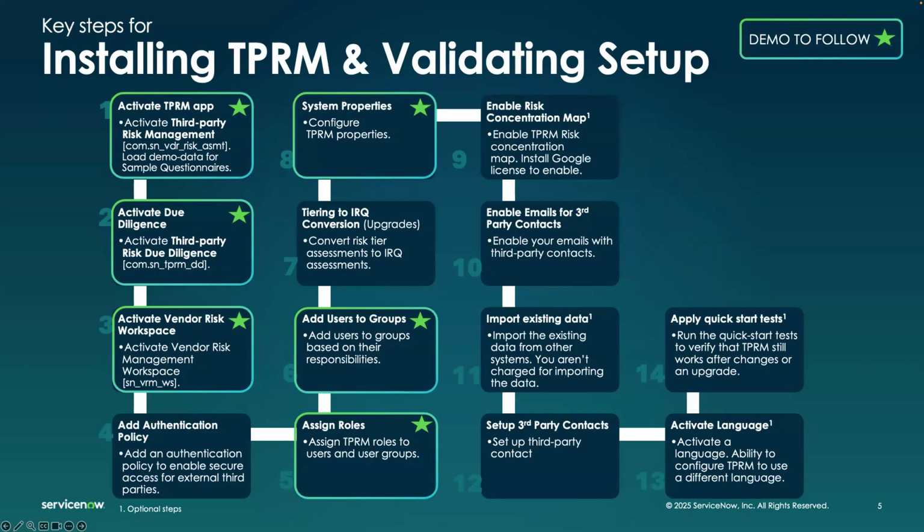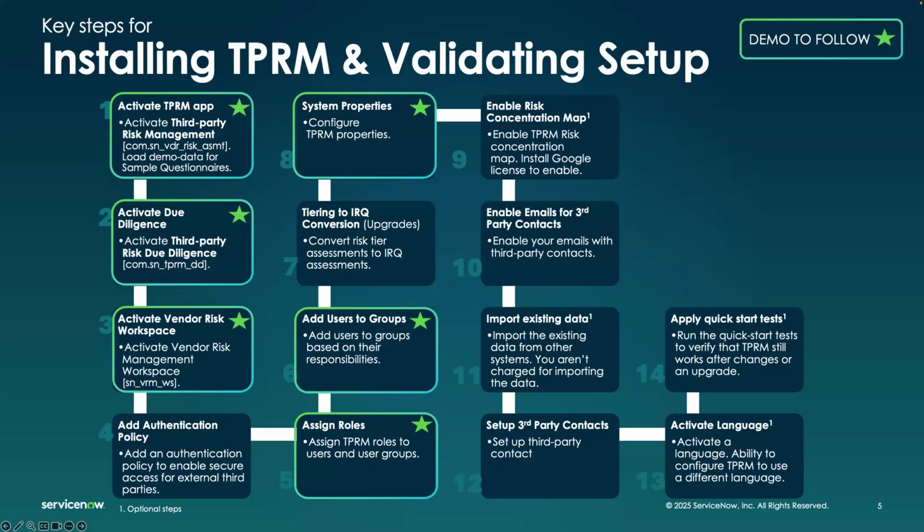Assign TPRM roles to users and groups. Add users to groups based on their responsibilities. Convert risk tier assessments to IRQ assessments, especially applicable to upgrades. Configure TPRM properties. Enable risk concentration map. Enable your emails with third-party contacts. Import the existing data from other system.